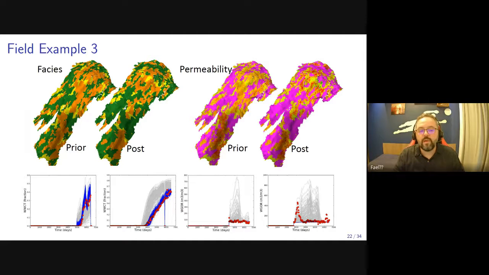So I can update simultaneously phases and, for example, permeabilities. This is a prior and posterior, and you can see that in this case we got strong changes in permeabilities, but again, really nice data match. Sometimes you see you miss a little bit. If you are from petroleum, you can tell what this is. This is gas production.